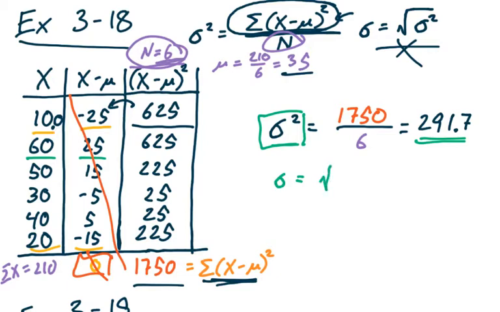So we're looking at the square root of approximately 291.7, and taking the square root of that, I get 17.07. If I had taken the square root of the actual value that was left over in my calculator, without losing those residuals, I would have gotten something slightly different. But either way, those both round to 17.1 when we round to the nearest tenth.